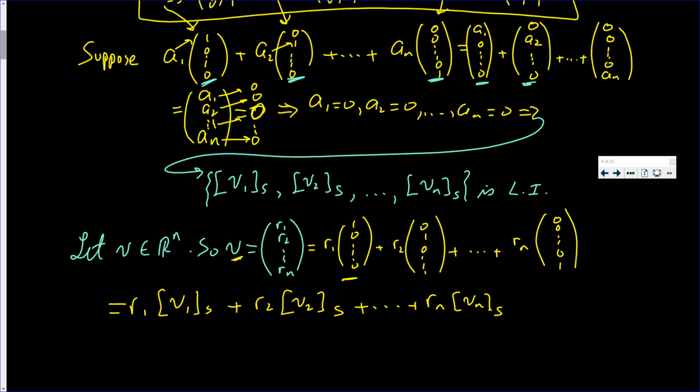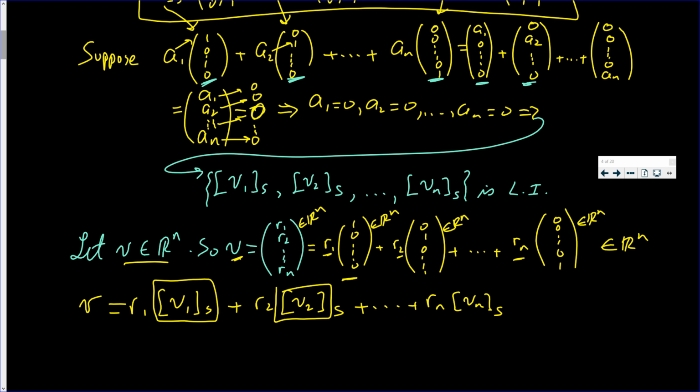Now, this is in Rn, that's in Rn, that's in Rn. When you multiply them by the scalars, that's in Rn, and the whole sum is in Rn, and so is V. So I was able to write V as a linear combination of vectors in Rn.